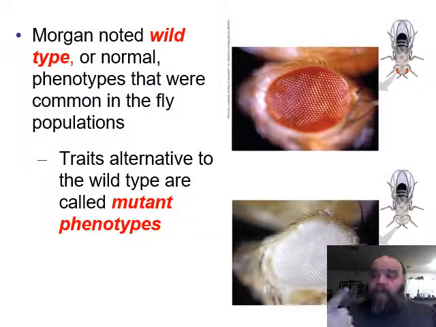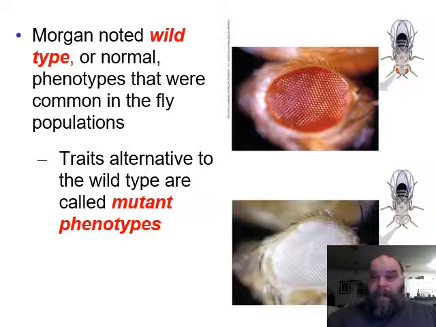The white, the brown, the sepia, the cinnabar, those are mutant phenotypes. Each is due to a mutation in a different gene. Other mutant phenotypes could be due to body color. Under normal conditions, the wild type body color is a tan with black stripes. A mutant phenotype for body color is all black.